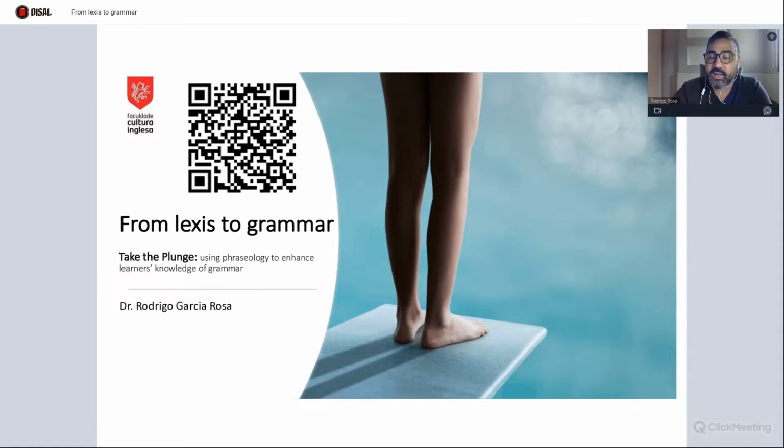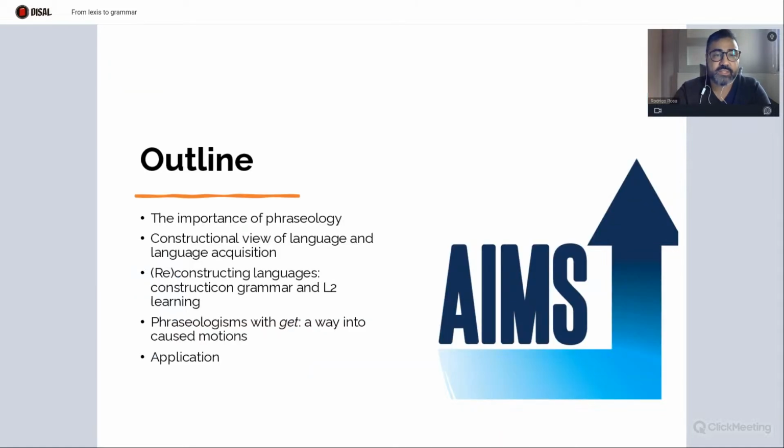As for the outline of the presentation today, I had already prepared those click and show kind of things, but I'm just going to show everything all at once. So the outline for this afternoon is: we are at first going to talk about the importance of one area that is called phraseology. A lot of people don't know what phraseology is, but you don't have to get spooked away with this big word.